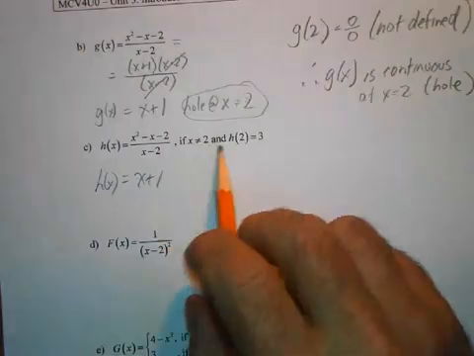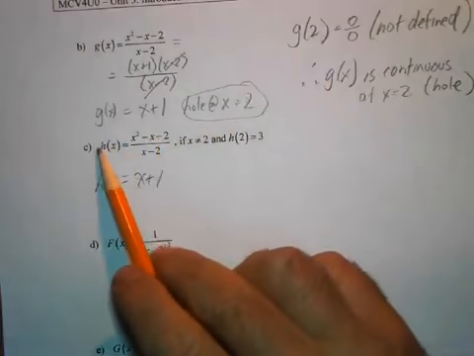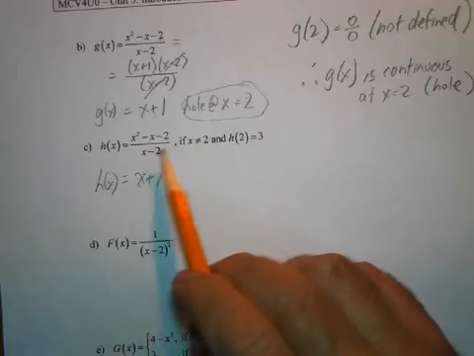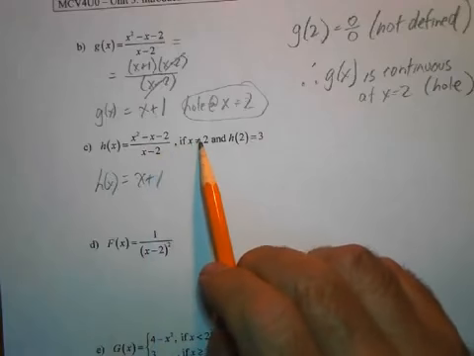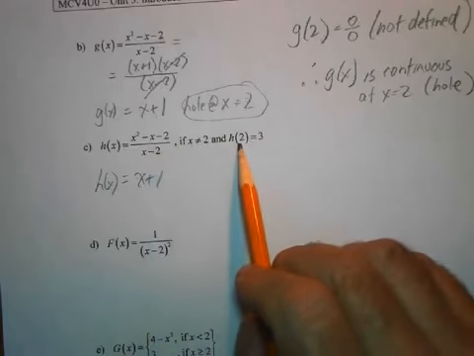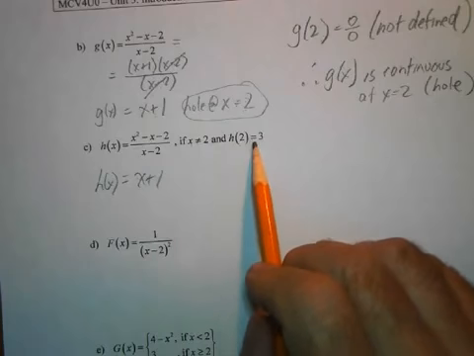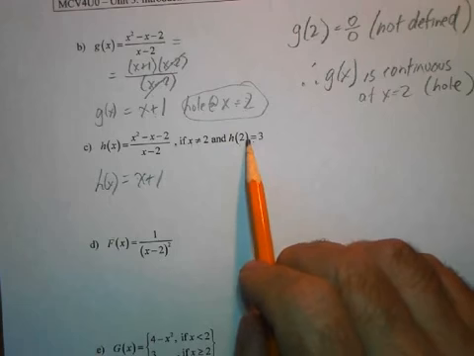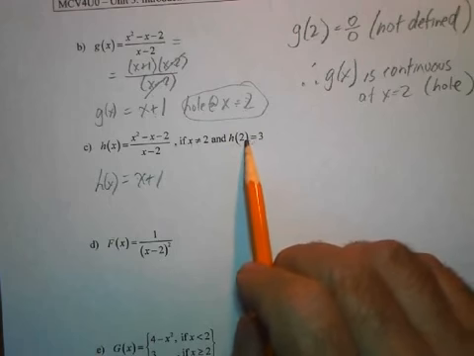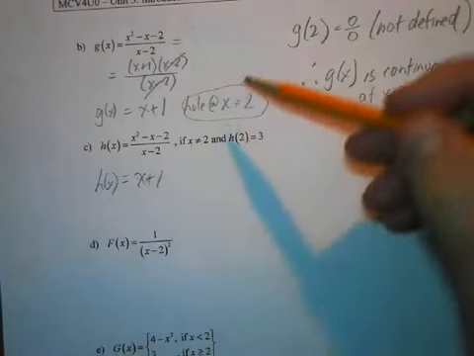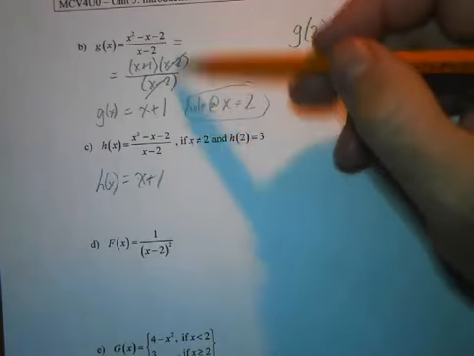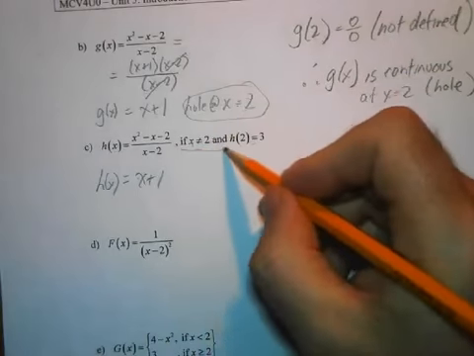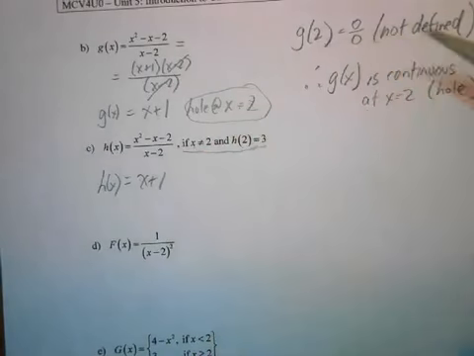Now, this is very important because it's basically saying the function h of x is this when x is not 2, but when x is 2, h of 2 is 3. So it's basically saying we're going to patch that hole by saying the value of the function at the hole is going to be 3. Okay, so that's kind of an enhancement to this function. We just added this part to the end to patch the hole.